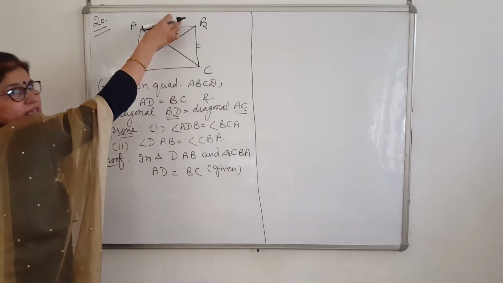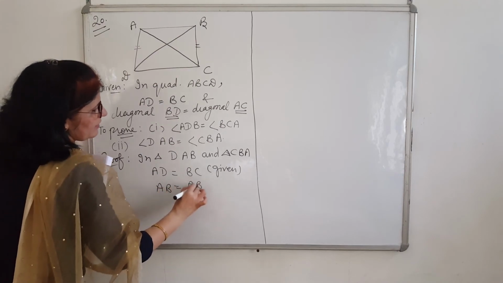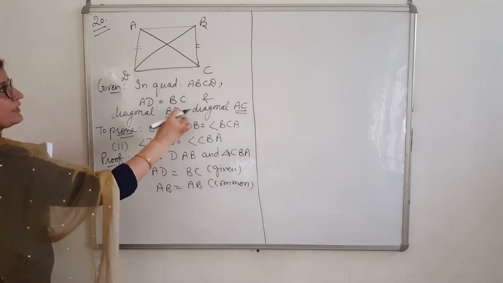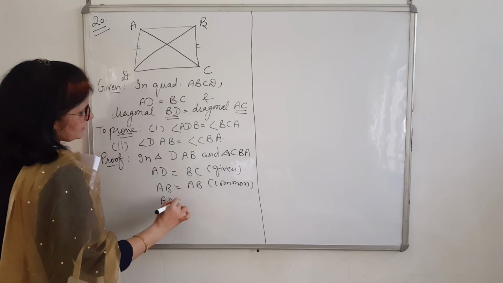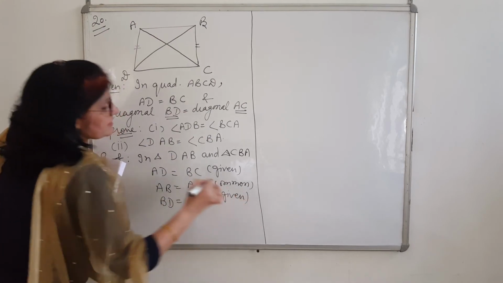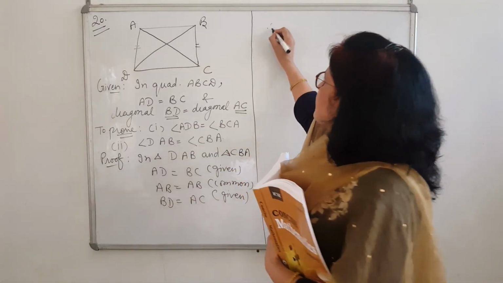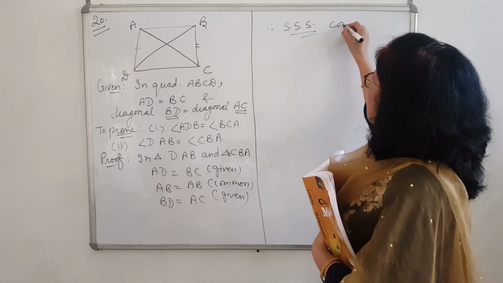Secondly, AB is common in both the triangles, AB equals AB. Thirdly, diagonals are given equal. In this triangle, BD is coming, so BD is equal to AC, given. So all three sides are equal. Which property will we follow? Side, side, side congruency.